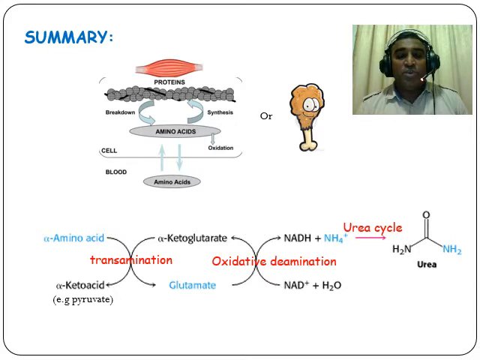If the ammonium ion is not transported to the liver, it will stay in these tissues and cause toxic effects. So in order to transport this ammonium ion that is being generated, the body has two transporting amino acids, that is alanine as well as glutamine, which we will look into in the next slide.